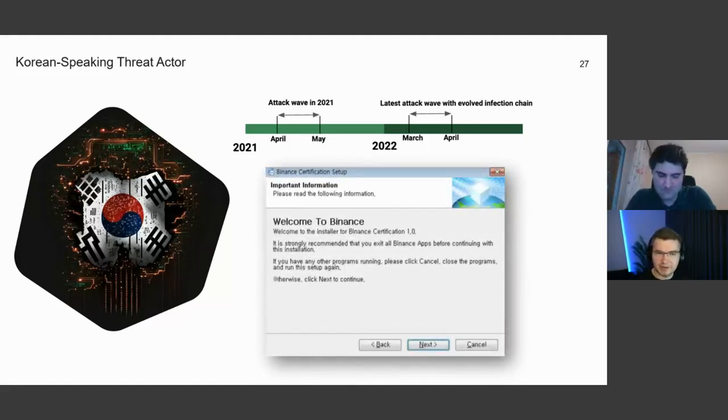I'm not sure if such a tool legitimately exists, a Binance certification app, but that's how they tricked users. Once the user installs something legitimate-looking, it doesn't even show a license or service agreement in Notepad at the end of the installation, but in the background, of course, it runs malware.